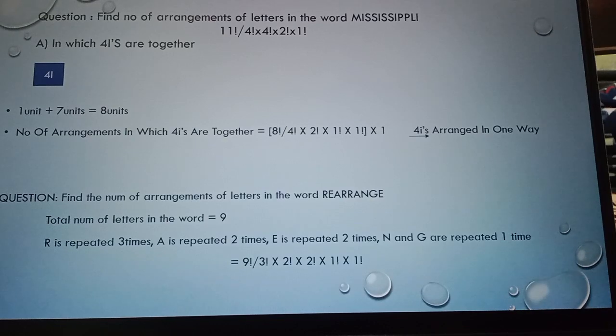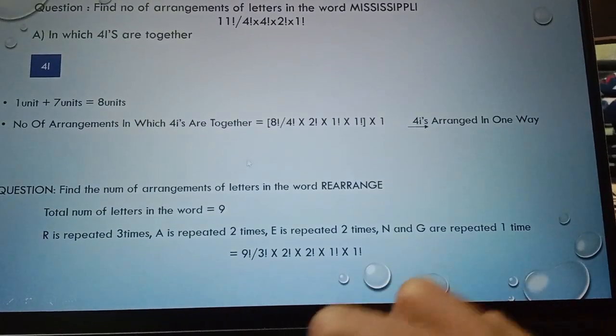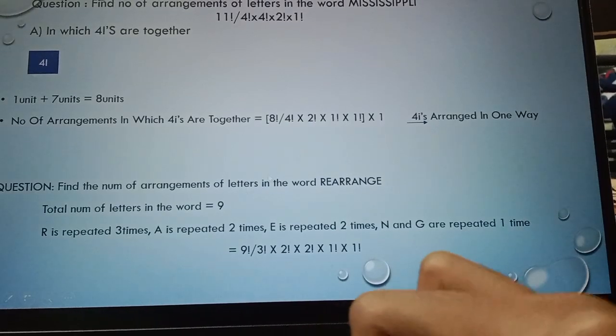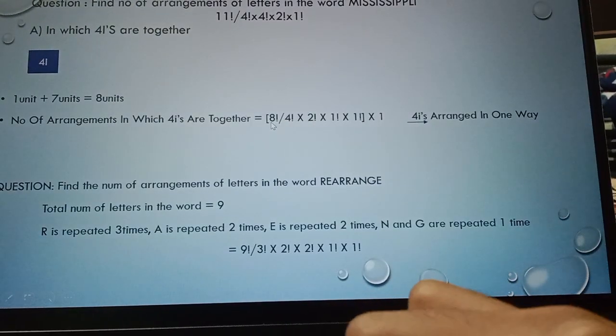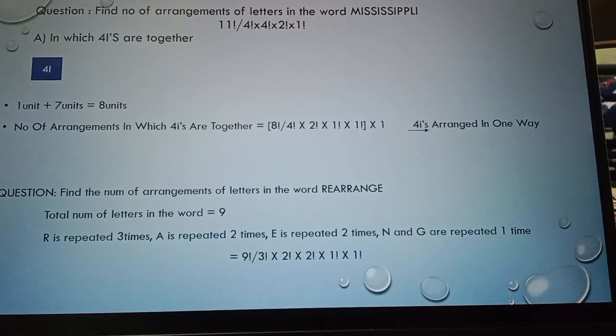So the number of arrangements in which the 4 I's are together: there are 8 units, which are arranged in 8 factorial ways. In that, S is repeated 4 times, so 4 factorial, P is repeated 2 times, so 2 factorial, and 1 factorial for M. The 4 I's are considered as 1 unit, that is 1 factorial.